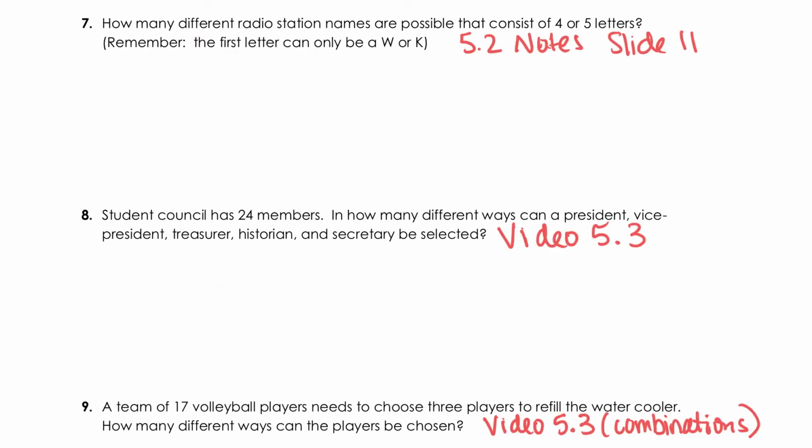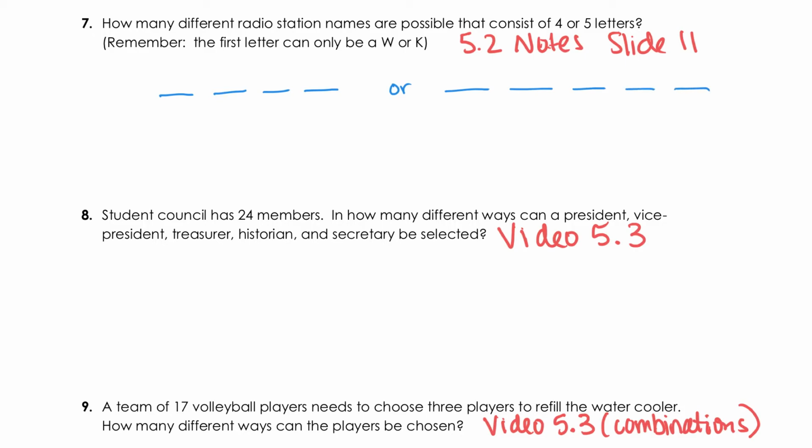All right, this next problem was in the 5.2 notes that we did in class. If you want to look back at the PowerPoint, it's actually on slide 11. There's an exact problem for this as well. This one says how many radio station names are possible with 4 or 5 letters. So we're going to have 1, 2, 3, 4 letters, or we'll have a 5-letter radio station.